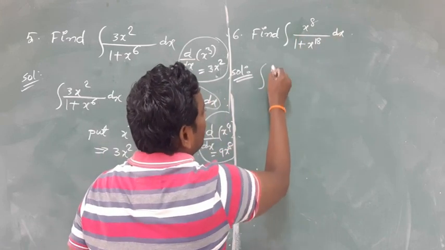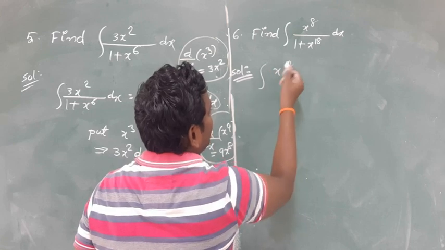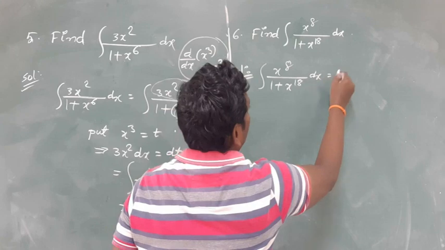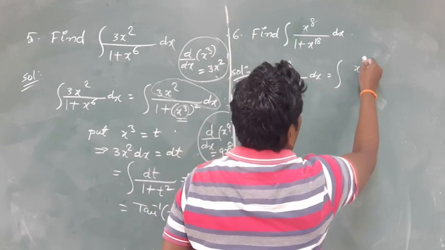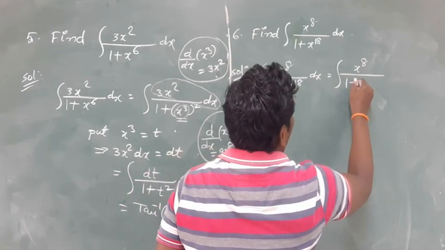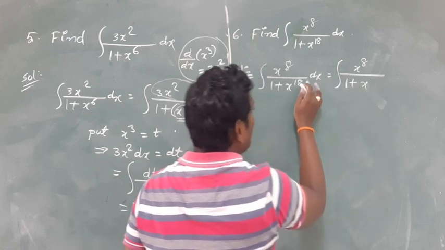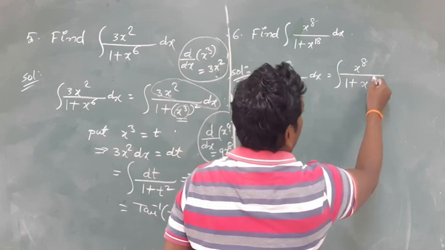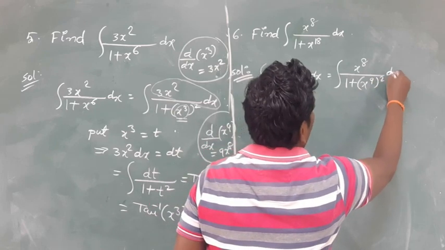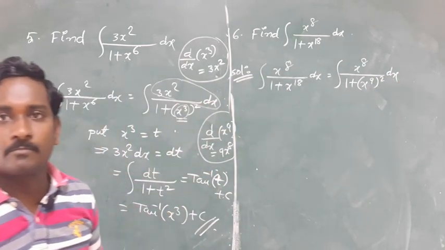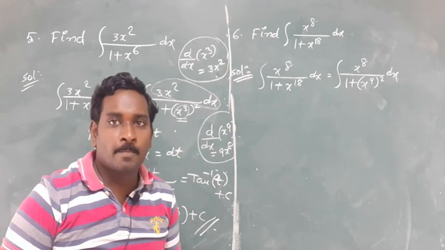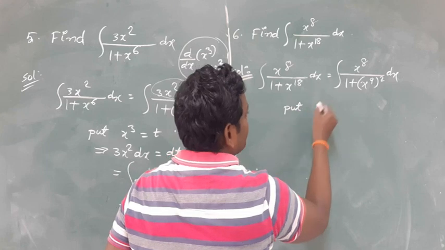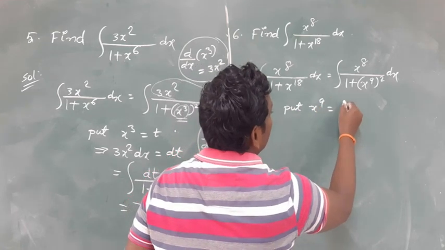That's why the given problem, integral x power 8 by 1 plus x power 18 dx, can be written with x power 18 in the combination of x power 9, that is x power 9 whole square dx. Okay. Please see carefully. Now replace x power 9 is equal to t.